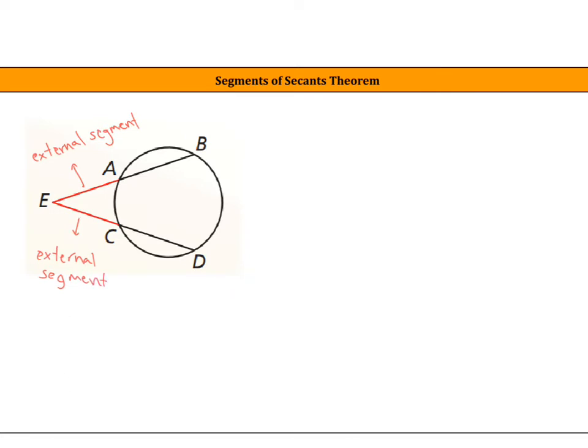They are called external segments because they are literally on the outside of the circle, hence external. Now, what do we do with these external segments? We take their lengths and we multiply them with the whole secant.